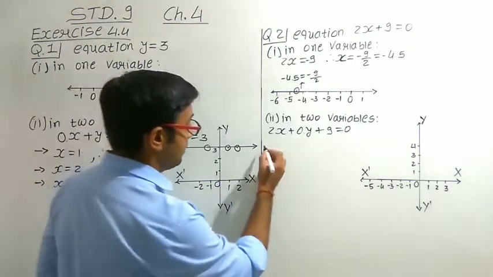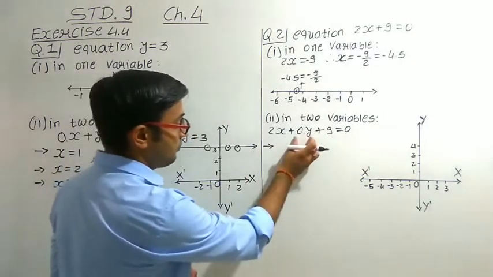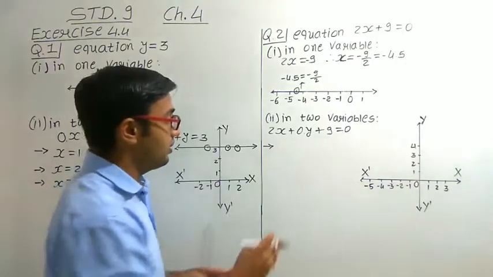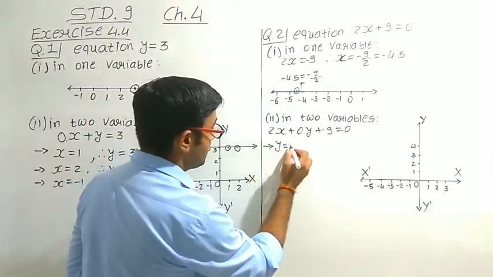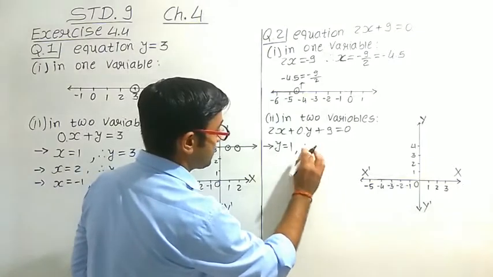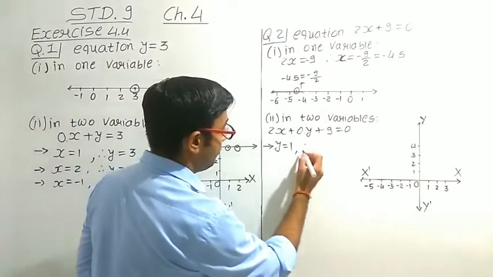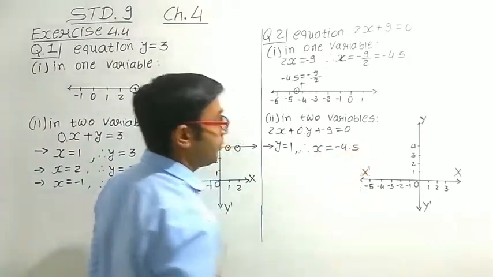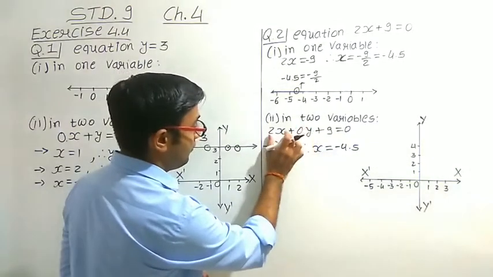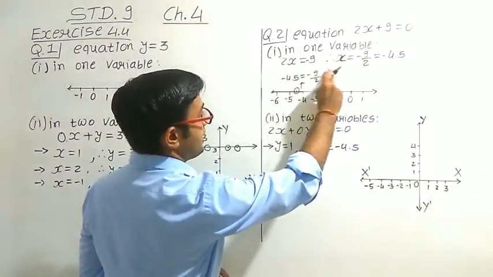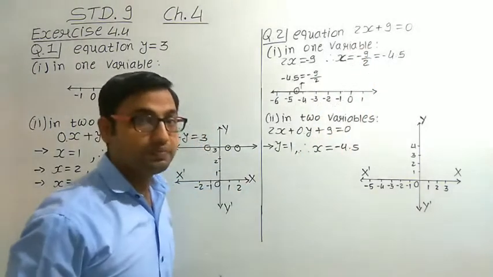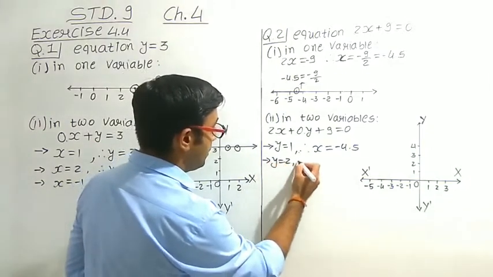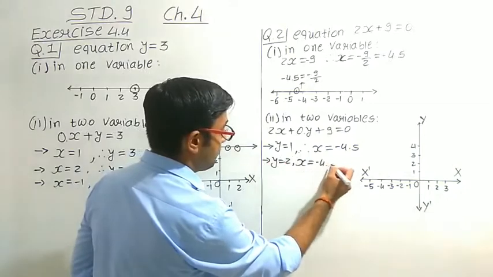Now to find the solution, see here, when we change the value of variable y, does it affect the value of x? No, it does not affect the value of x. When we take y is equal to 1, we get x is equal to minus 4.5 only, because this portion is 0, so only 2x plus 9 will remain, and that means x is equal to minus 4.5.